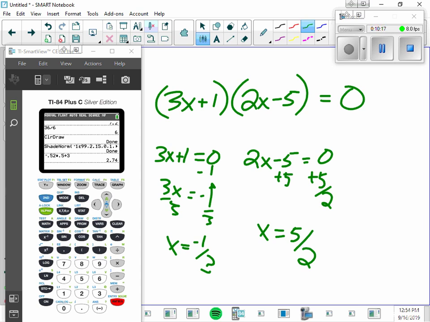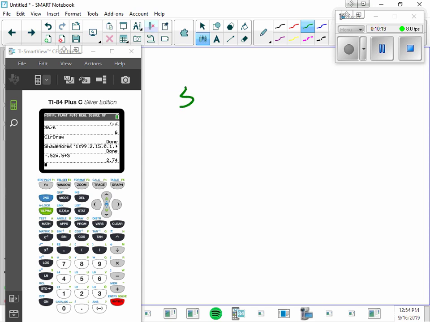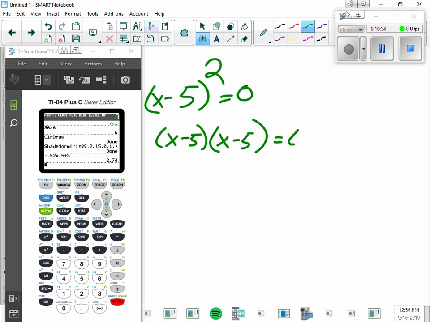Okay, what if I had this? So I would get x minus 5 times x minus 5, and it equals 0, sorry. Do I really need both of them? No. What are the answers?